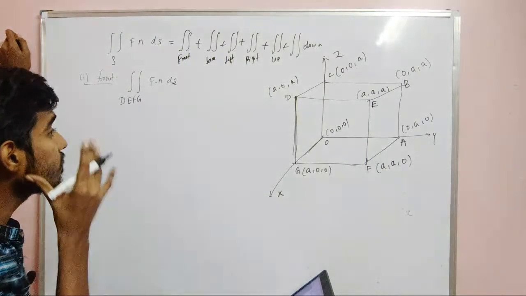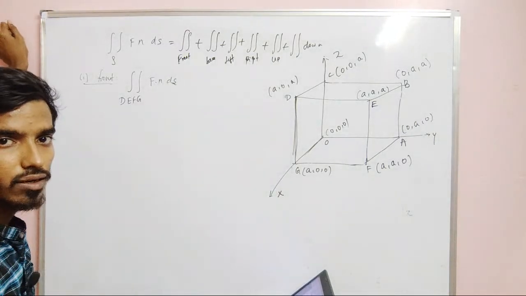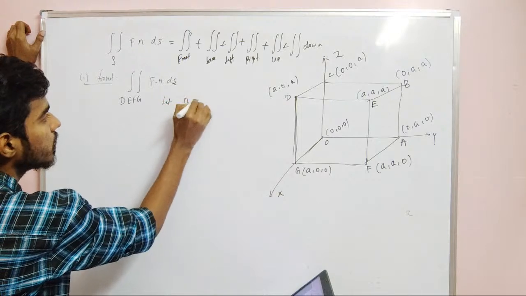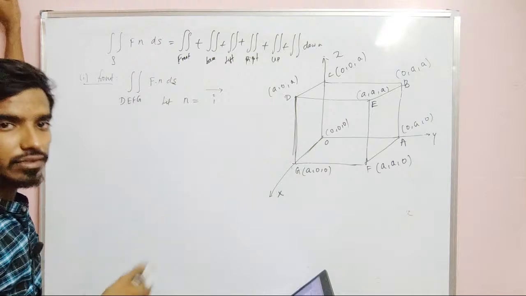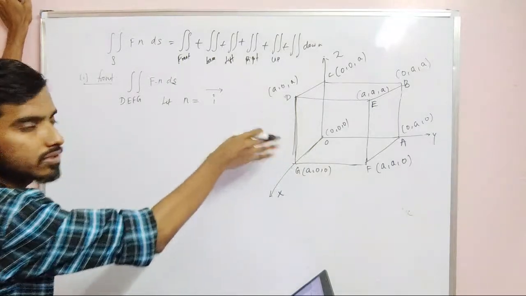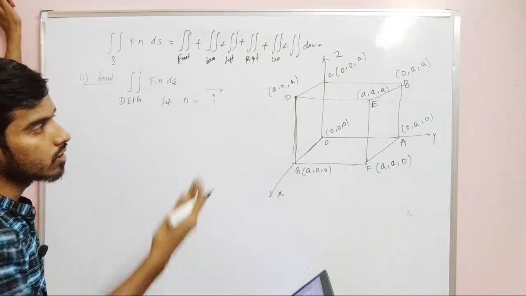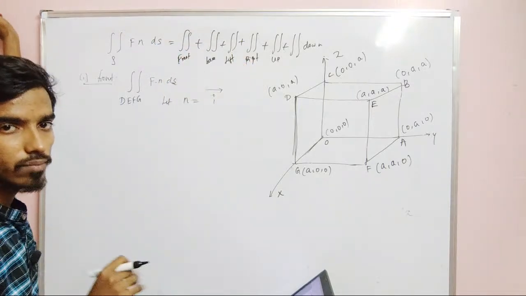But here we are considering only the front face, so you just take n to be i. For the back face, n is equal to minus i, for the left face n is equal to j, for the right face n is equal to minus j, for up n is equal to k, and for down n is equal to minus k.